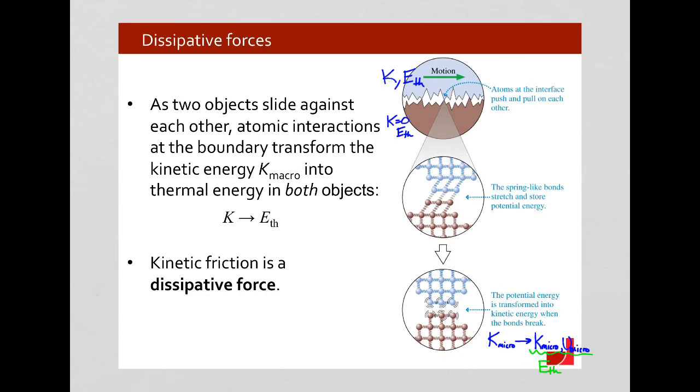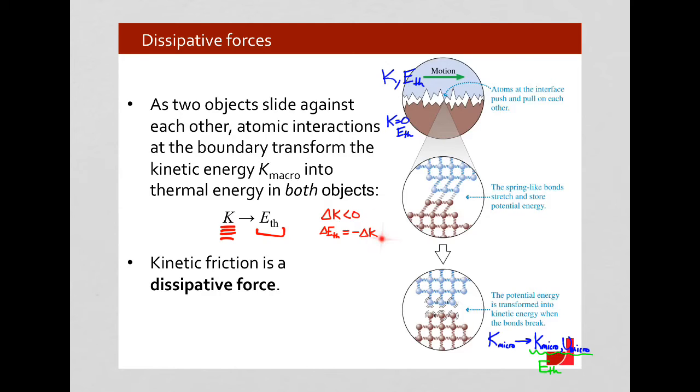This increase in thermal energy comes at the expense of the kinetic energy of the original system. So basically, the object is losing kinetic energy due to this rubbing between the object and the surface, and there is an increase in thermal energy that is the opposite of this loss of kinetic energy.